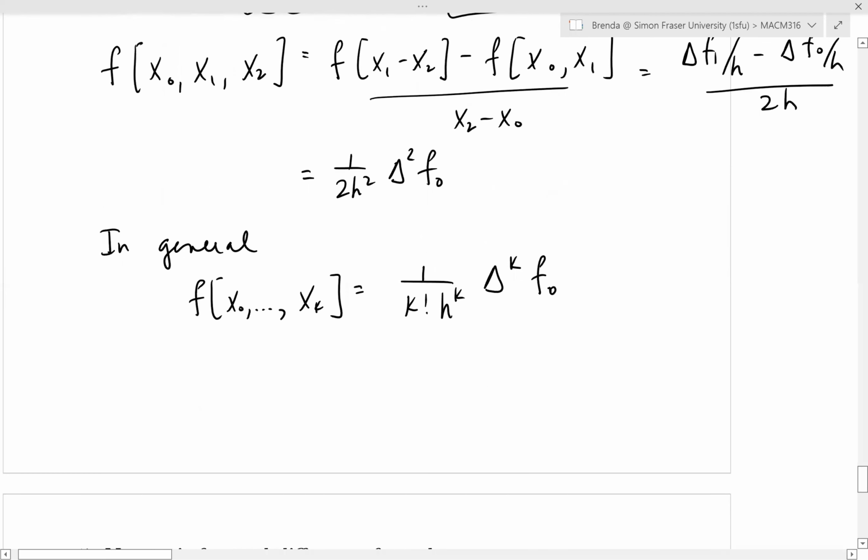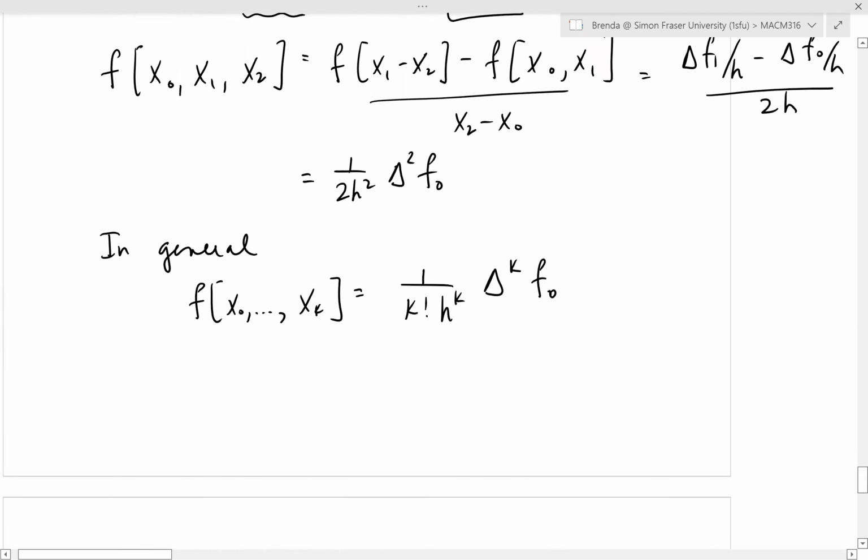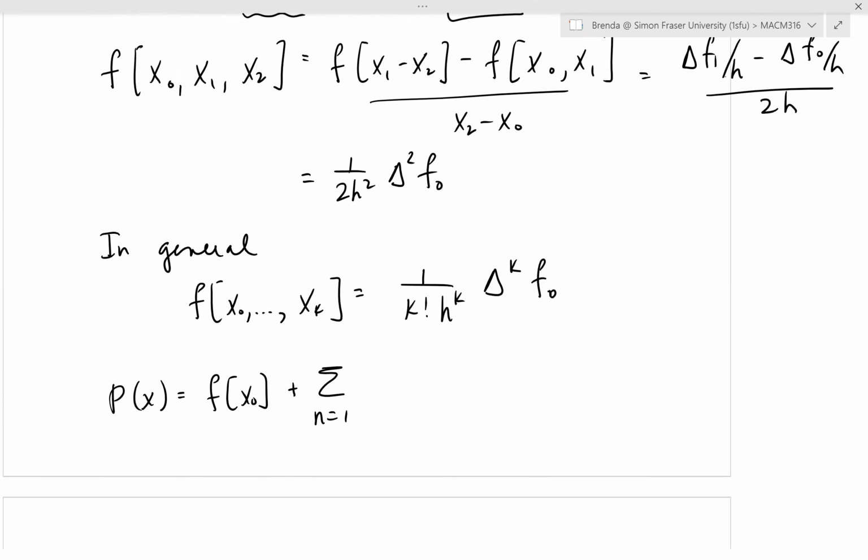Okay, and that just allows us now to write the Newton version of the interpolating polynomial when the node spacing is equal, like this. The zeroth divided difference plus the sum from k equals 1 to n. We already showed how to get the binomial coefficients in there. And then now we can replace the rest of it by this. There.